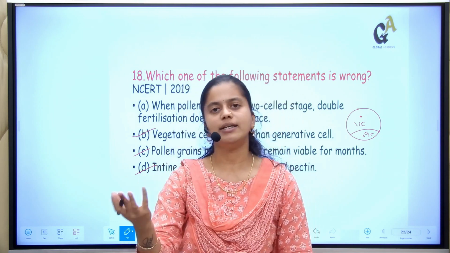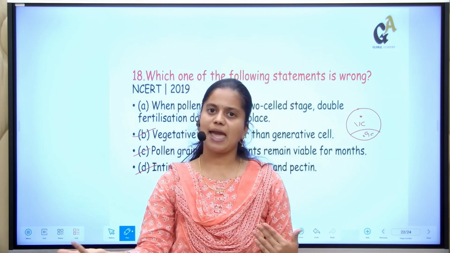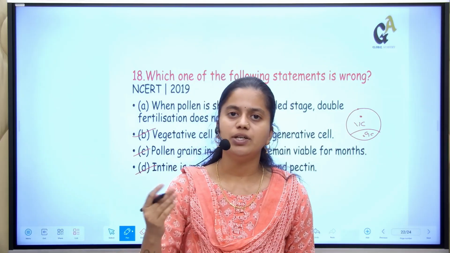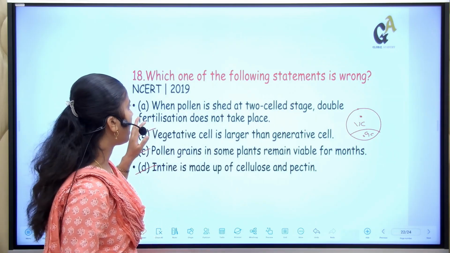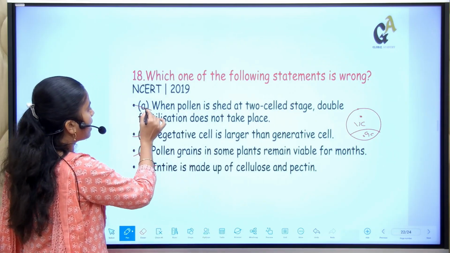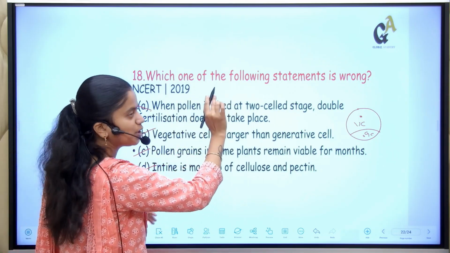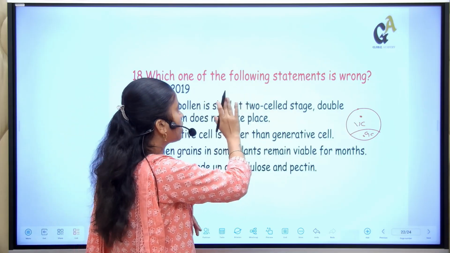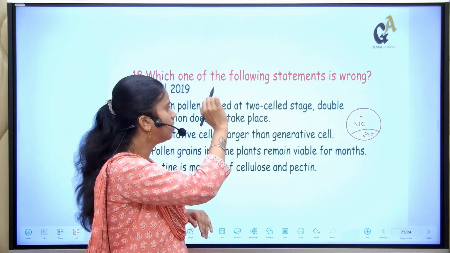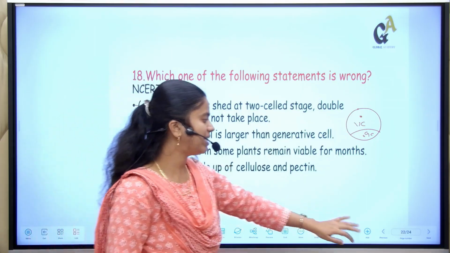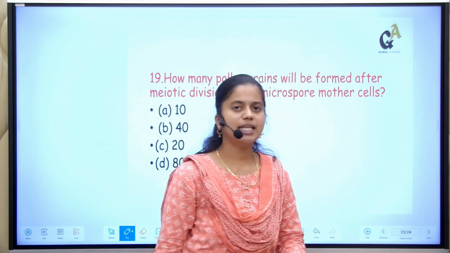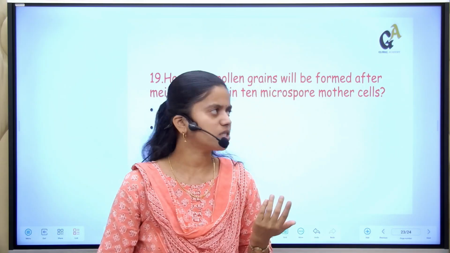So later on it can fertilize the egg as well as the polar nuclei, producing double fertilization. So option A is wrong here. According to our question, which one of the following statements is wrong? So option A is the correct answer. Please understand the question, whether they have asked for the correct or the wrong statement.